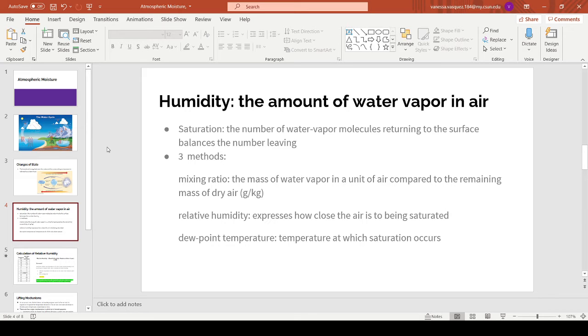We have the mixing ratio, which is the mass of water vapor in a unit of air compared to the remaining mass of dry air. We have relative humidity, which expresses how close the air is to being saturated. So we will be working with relative humidity calculations on this lab. And we also have dew point temperature, the temperature at which saturation occurs.